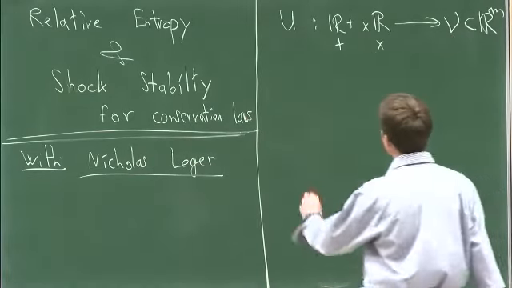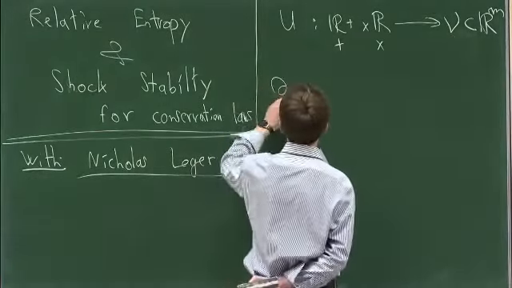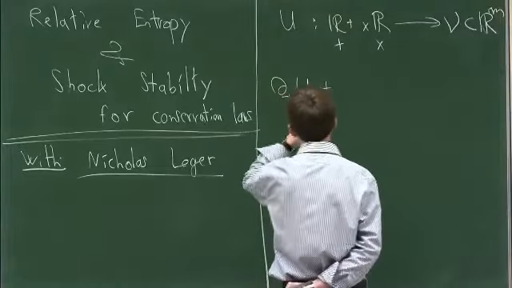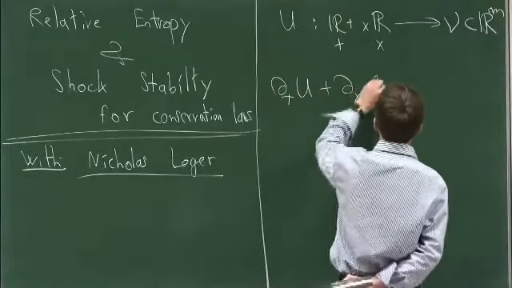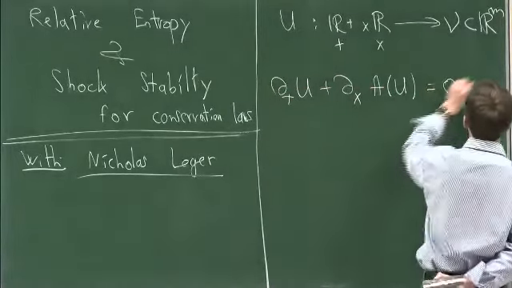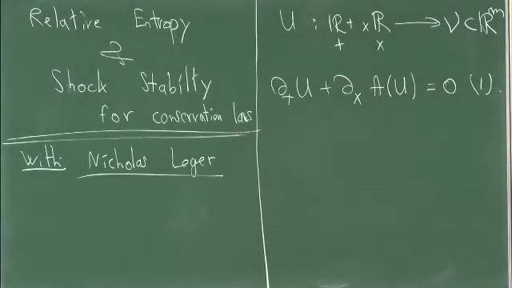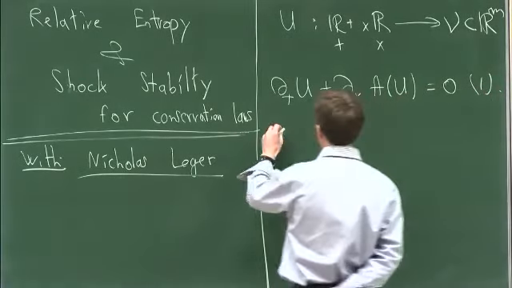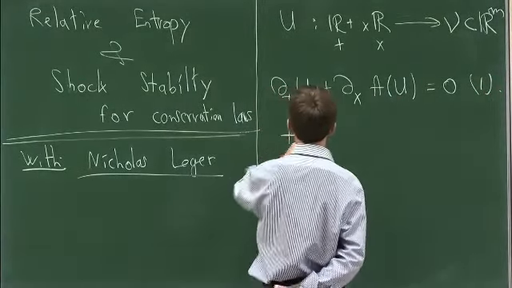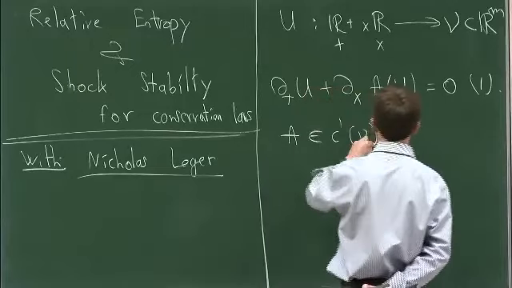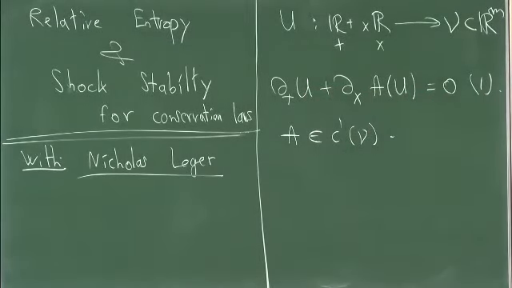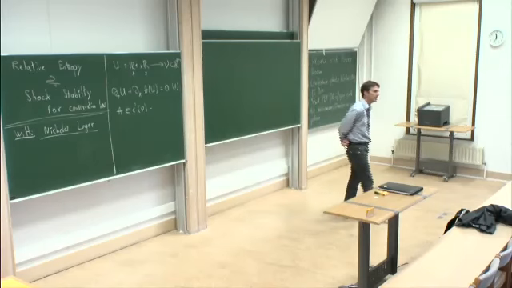Okay, and I'm considering an equation of the form d_t u plus d_x of A of u equals 0. A of course is a given function, which is C^1, for instance, of u.